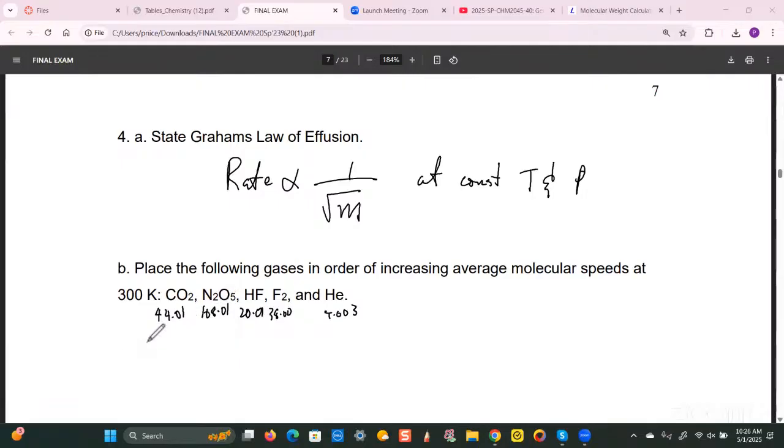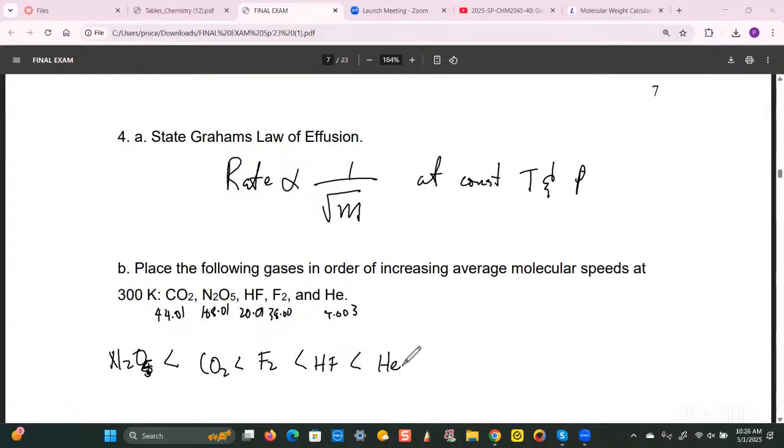So which one has the highest molar mass here? The N2O5. That would be the slowest, followed by CO2, followed by F2, followed by HF, and then helium will be the fastest.